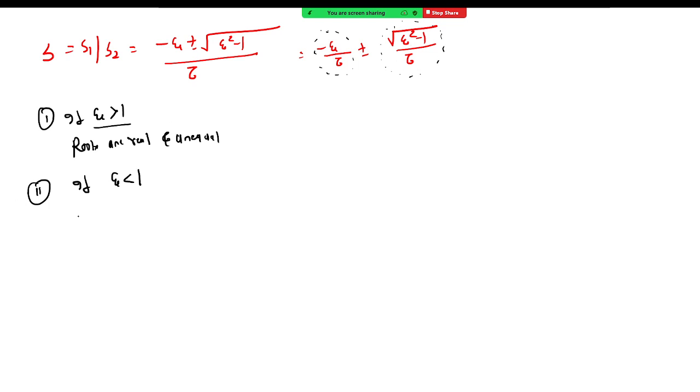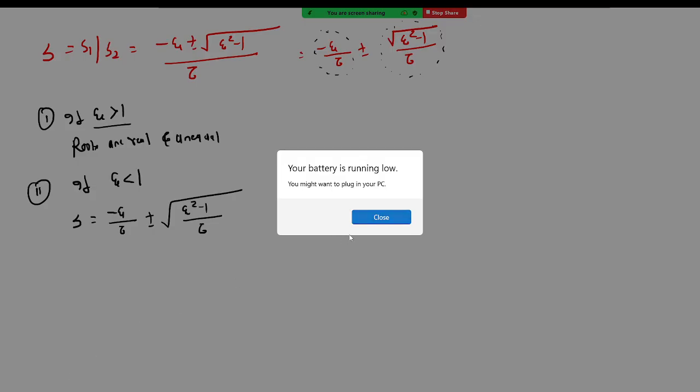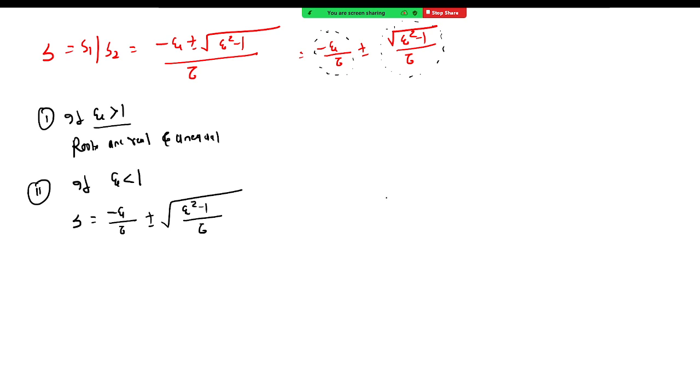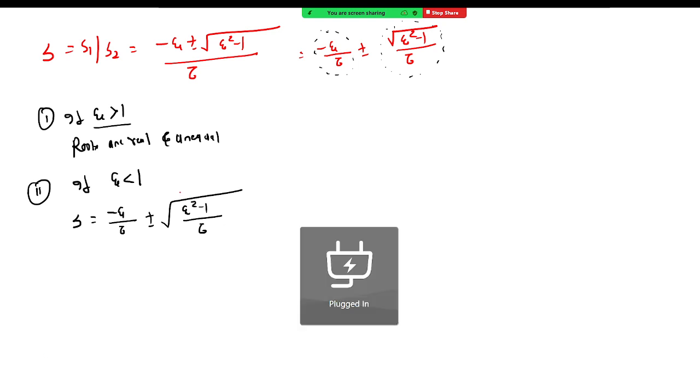Are you getting it? So your s is equal to minus zeta upon tau plus minus root over zeta square minus 1 divided by tau. Your root-under part will become negative when you substitute zeta less than 1, fine.